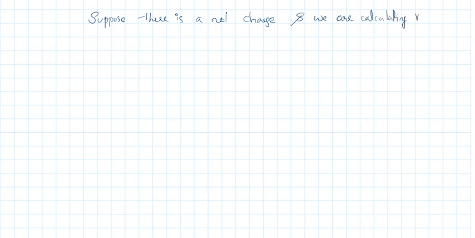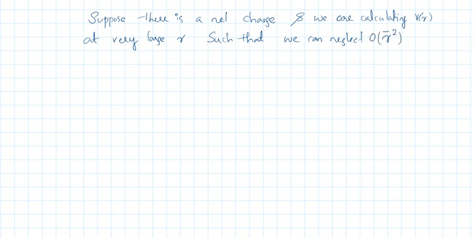Suppose there is a net charge and we are calculating potential at a very large r, such that we can neglect terms of order r raised to minus 2.